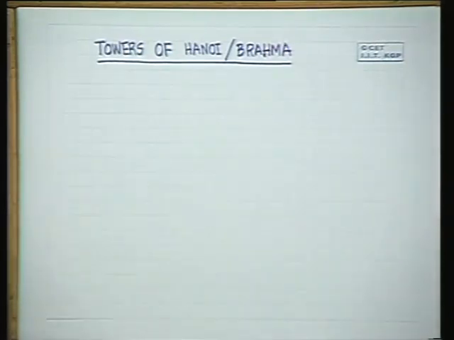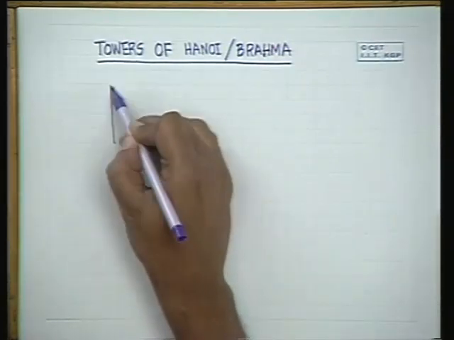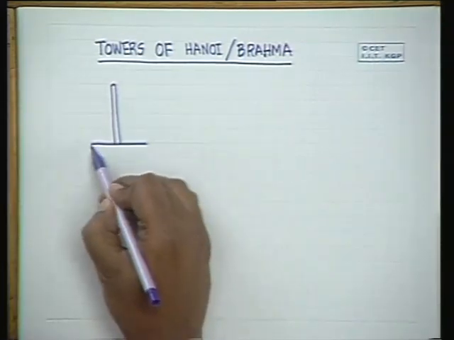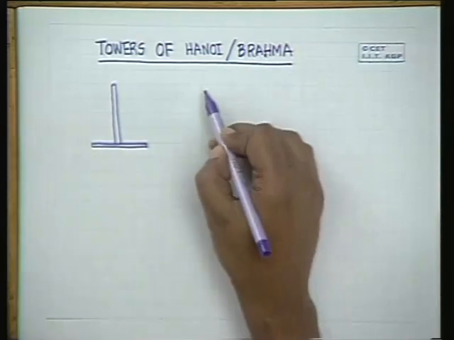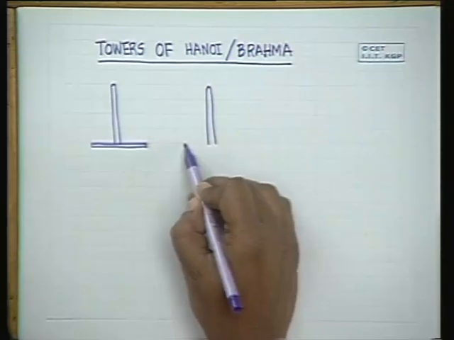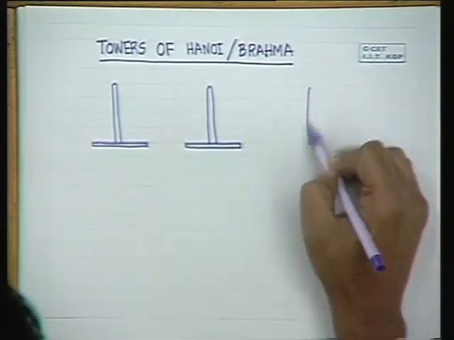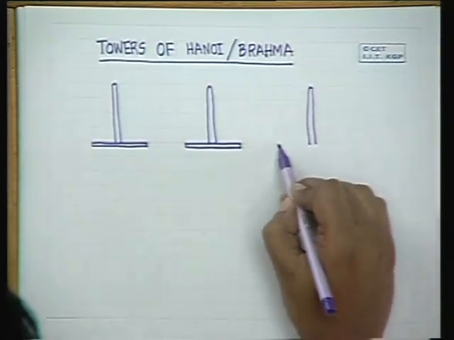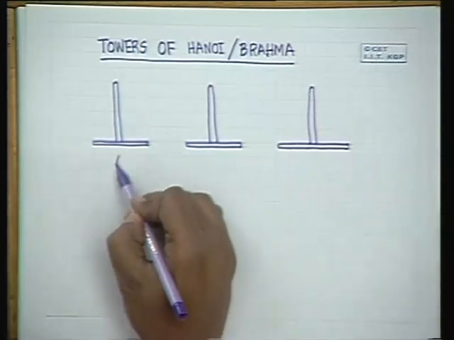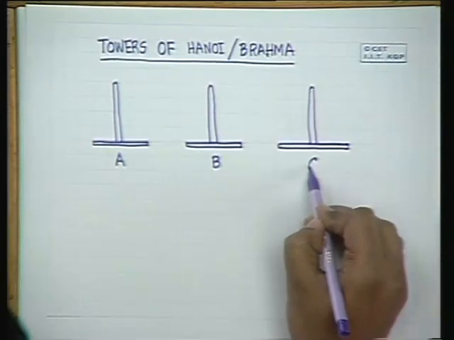It is said that suppose there is a peg and there are 3 such pegs. We call them A, B, and C.